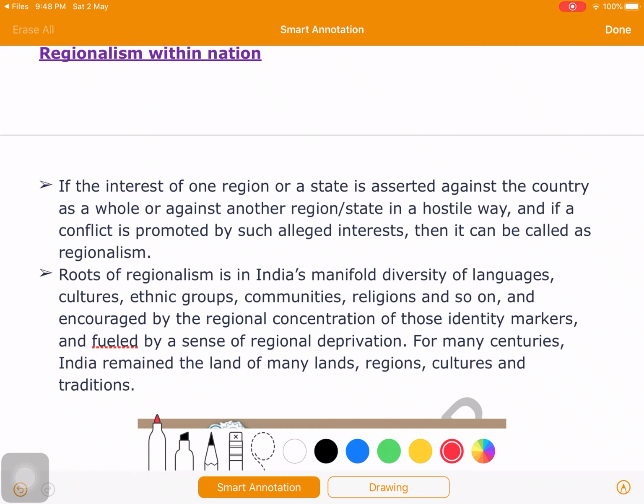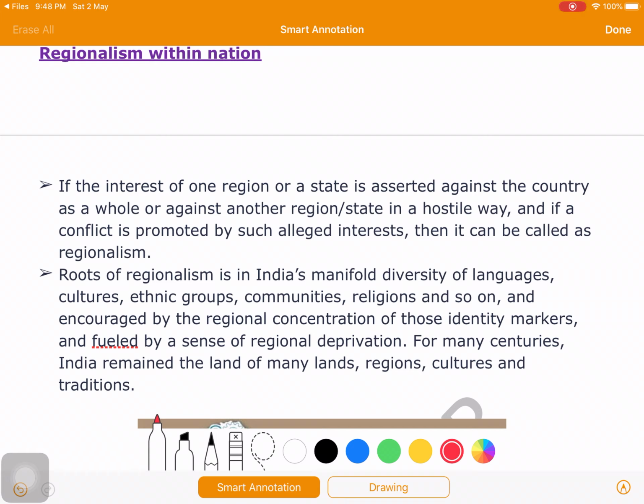If states are making special efforts to eradicate poverty and provide social justice to the people of the state, that cannot be called regionalism. Regionalism doesn't mean defending the federal features of the constitution. Any demand for a separate state or autonomous region or for devolution of power below the state level is also sometimes confused with regionalism, which is not the real meaning.